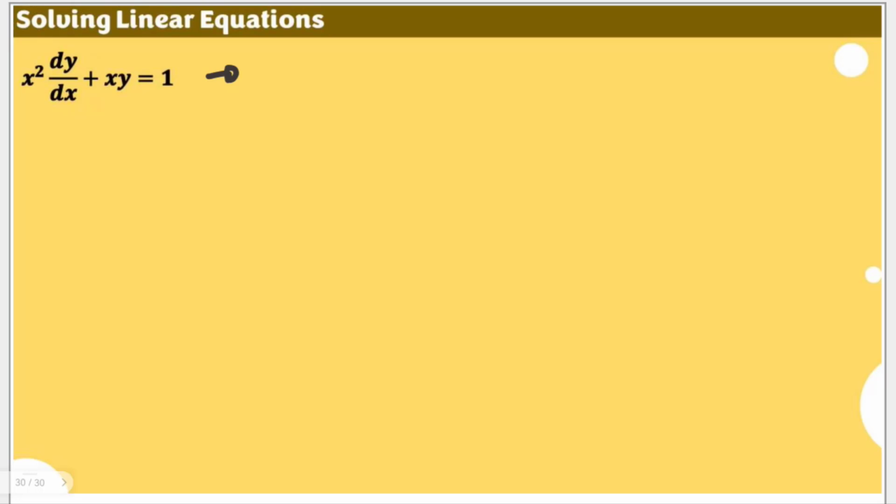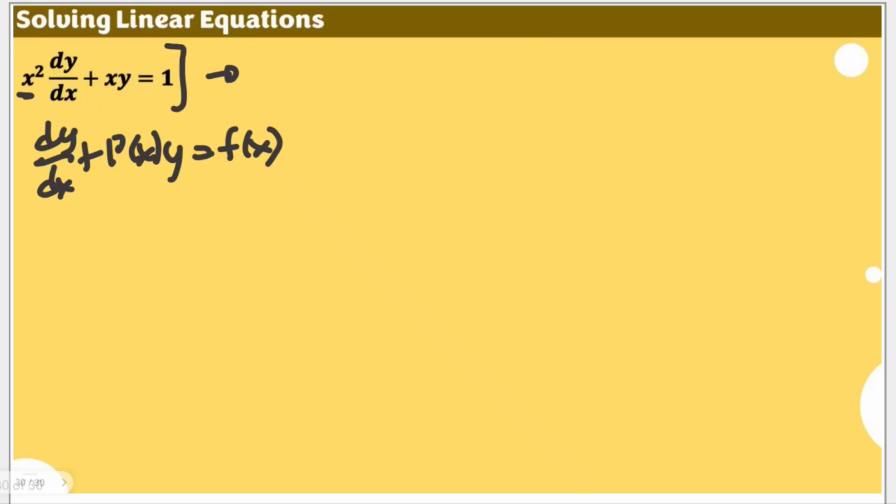We would like to come up with an expression in this form: dy over dx plus p of x times y is equal to f of x. But since we have here x squared, we are going to multiply both sides by 1 over x squared.